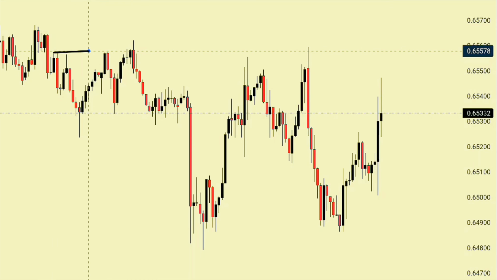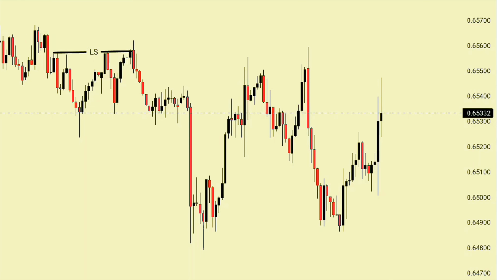The first thing I marked is the liquidity sweep. On the chart, you'll notice price had formed a set of highs that were obvious to retail traders. These highs attract stop losses, buy stops, and breakout traders who are expecting price to continue upward. But smart money uses these areas as fuel.